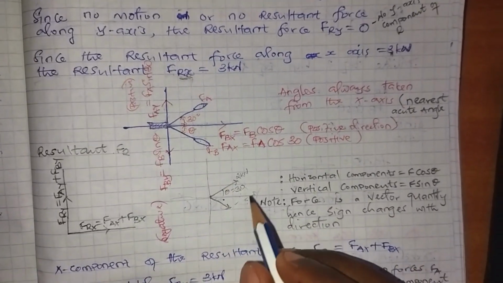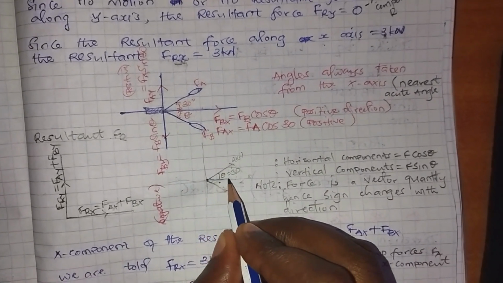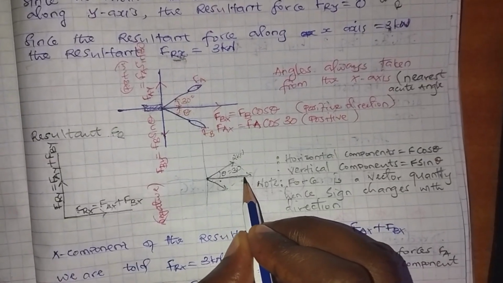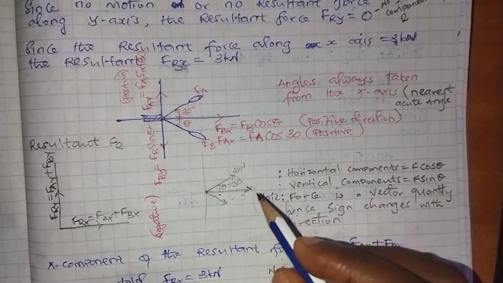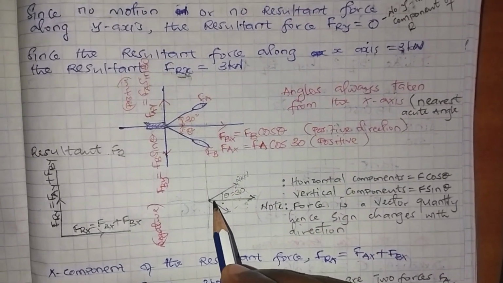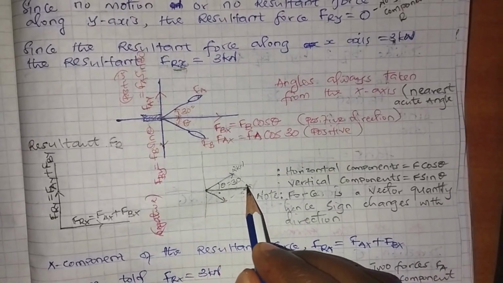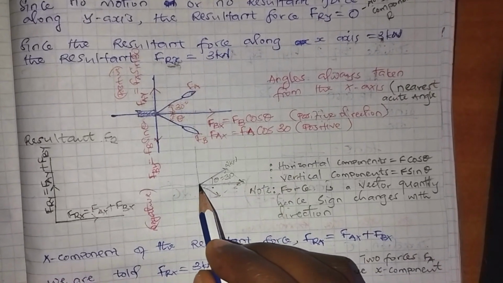Now, the resultant will be given from this tip to the other tip. That will give you the resultant. You have now applied the parallelogram law, because this itself is a parallelogram. So from this point to where these two forces are meeting, that is the resultant force.